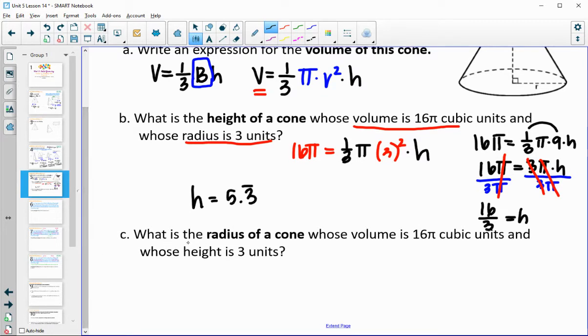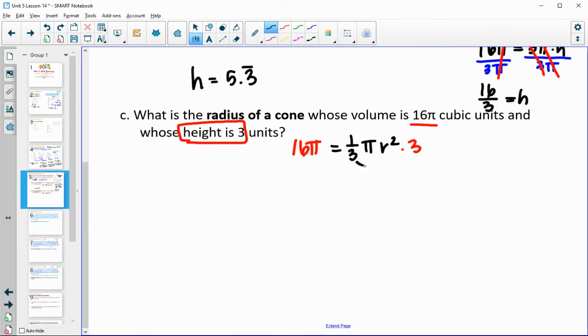All right, then what is the radius of the cone if we know that the volume is 16 pi, but the height is 3 now? So now it's the height that's 3. So we'll plug in 16 pi for the volume, and now we have the 1/3 pi. We don't know the radius yet, but we do know that the height is 3. So again, multiplication is commutative, so I'm going to multiply together the 3 and the 1/3. So 1/3 of 3 is 1.